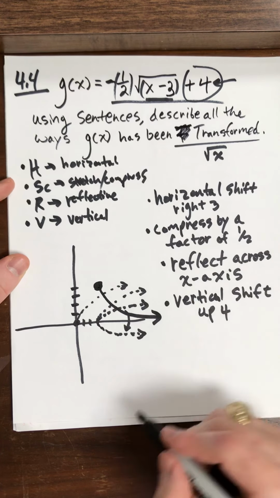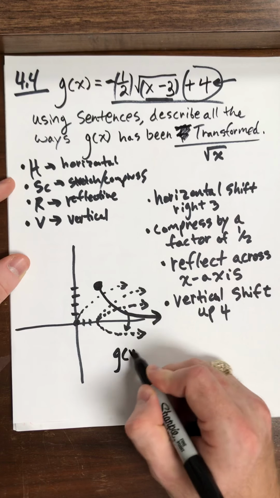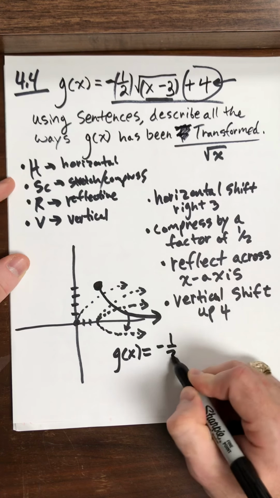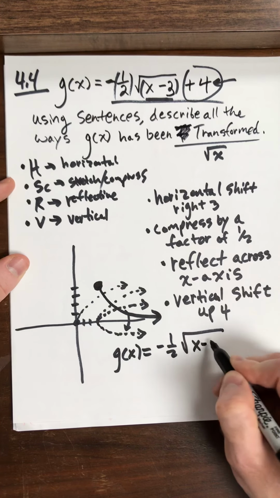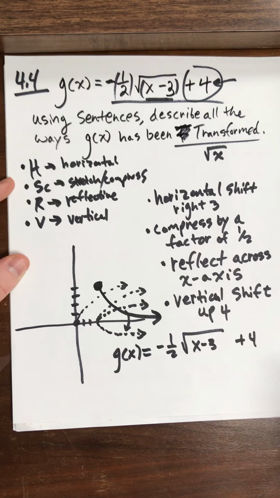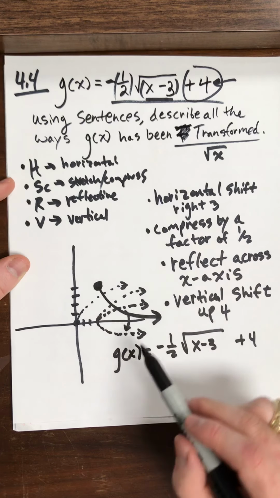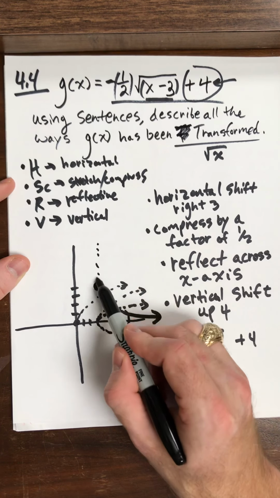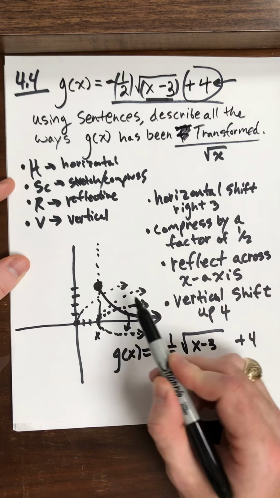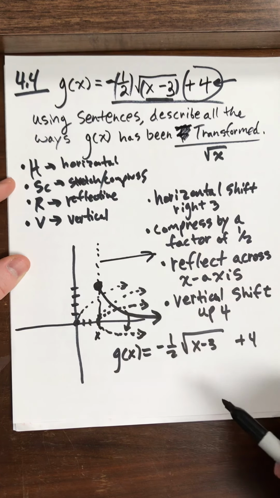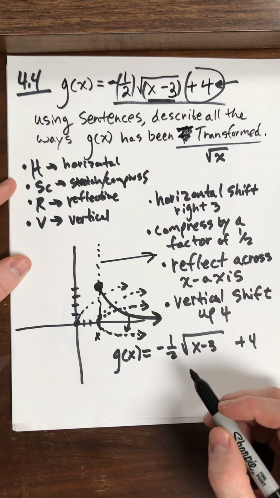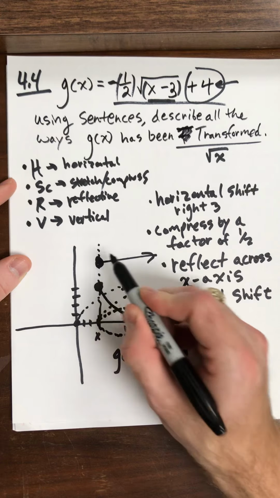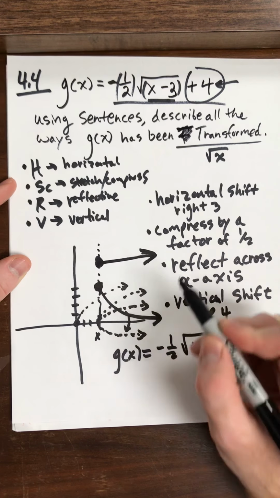Now, if I was asked to find the domain, negative 1/2 square root x minus 3 plus 4. The domain are all the x's that work. Okay, where's the first x that works? X equal to 3, and everything to the left or to the right. Well, if I look at it, it's obviously going to the right here.